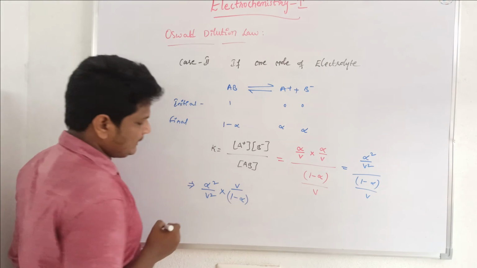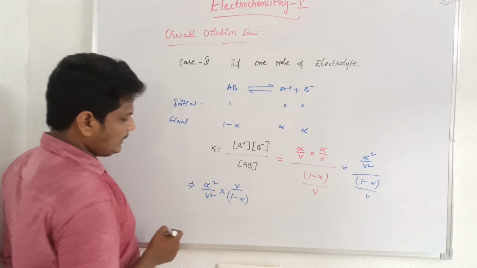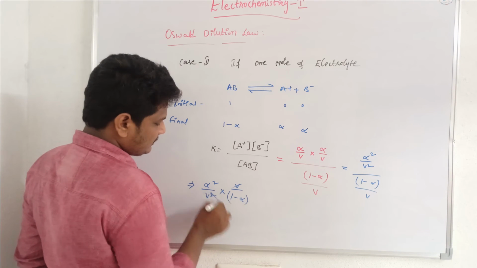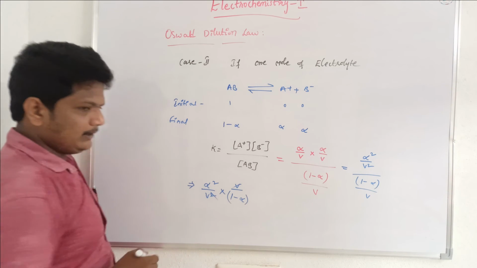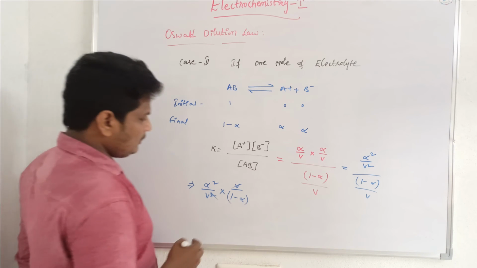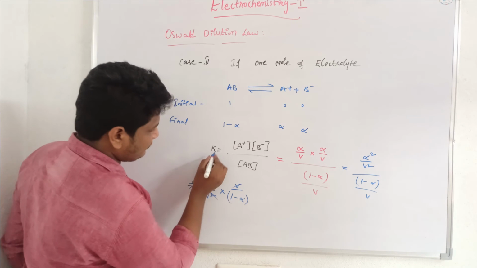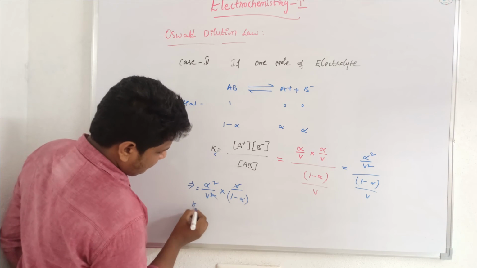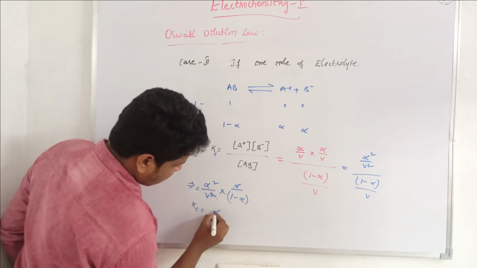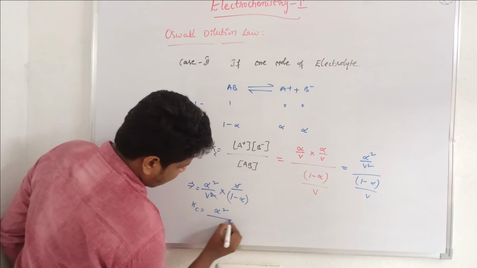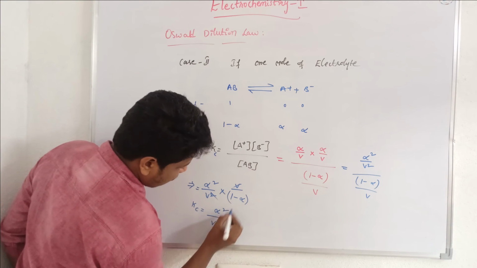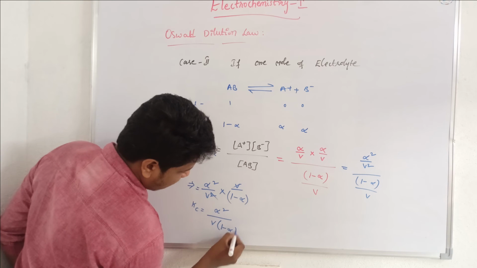The V and the square of V cancel partly, so Kc is equal to alpha square by V into 1 minus alpha.